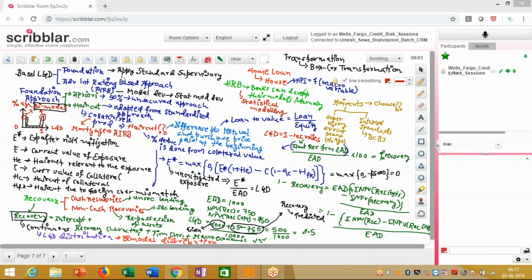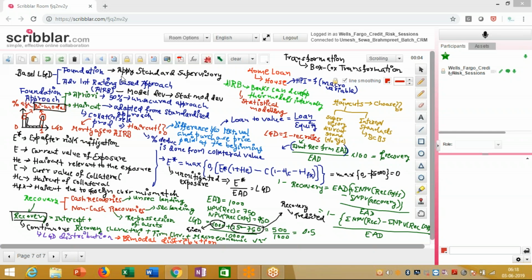Over here in the foundation approach, we apply standard supervisory LGD weights, and we compute the expected credit loss. On the other hand, also under the foundation approach, there is an alternate approach which we call the haircut approach. It is adapted from the standardized approach, and is more or less applicable for collateralized products.